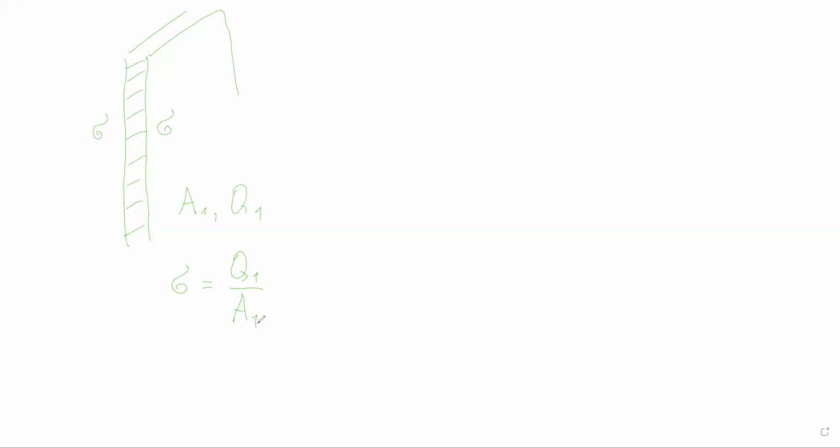But because we have the charge distributed half on this side, Q1 over 2, and Q1 over 2 on the other side, instead of using Q1, I'm going to use Q1 over 2. So that's going to be the density on one side of the plate.